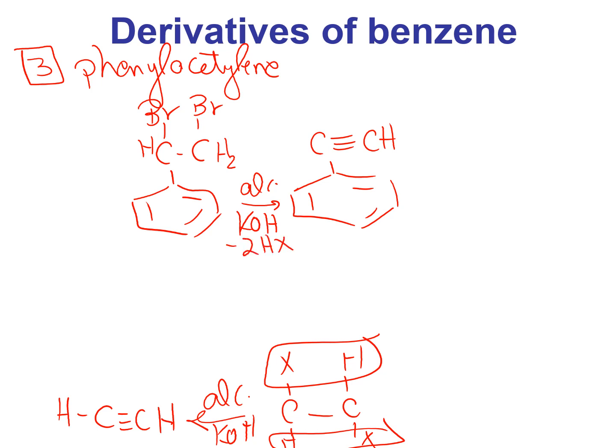How do you synthesize this moiety? You can actually start from styrene and place a halogen molecule in a regular addition reaction in presence of carbon tetrachloride.